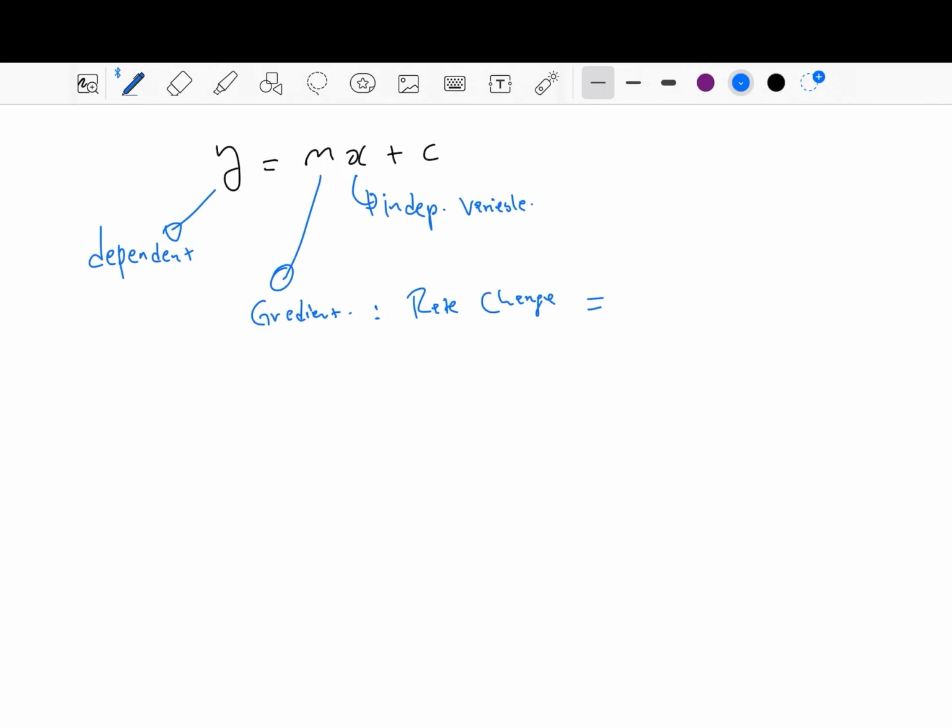Gradient means how fast the dependent variable moves from y1 to y2, for the change in the independent variable from x1 to x2. That's basically what a gradient is. Think about it. It says how fast.